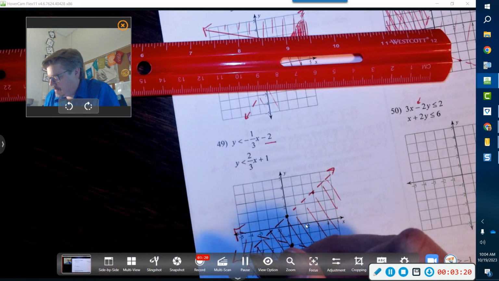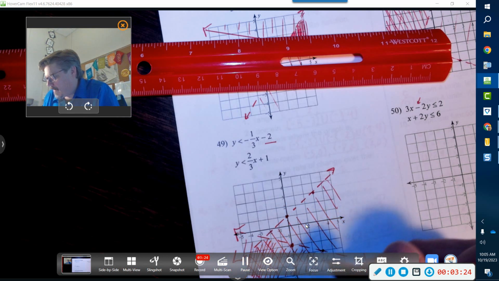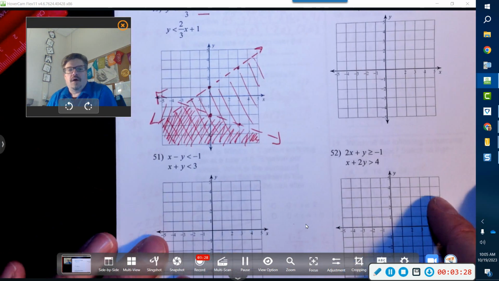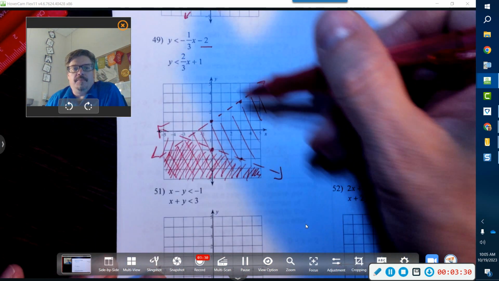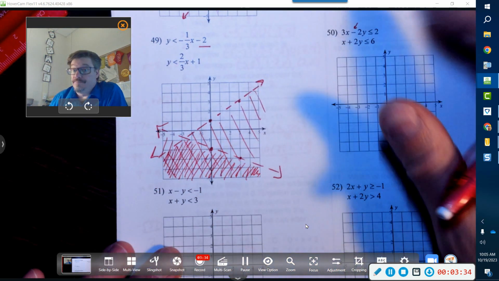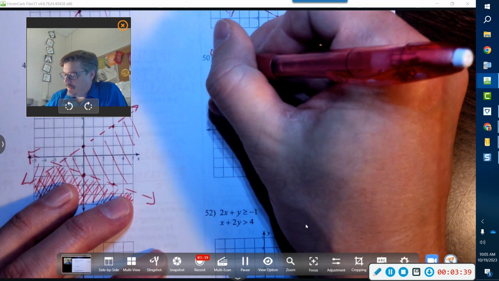Alright, so this is all of the solution. Okay. All that region right here, we're below both of them, and so this is the region where both of them are below.